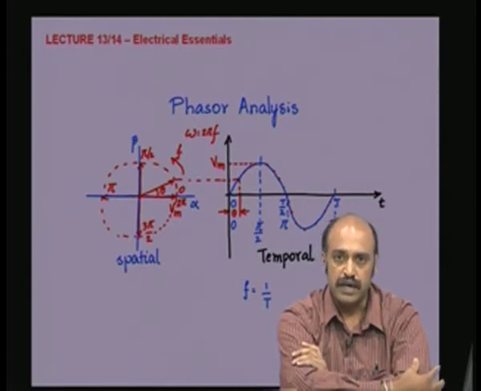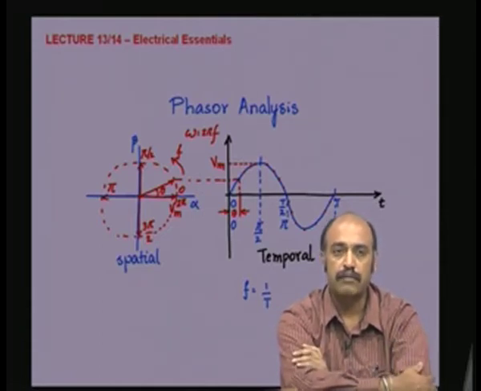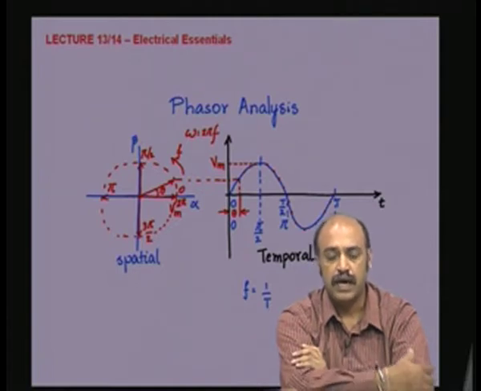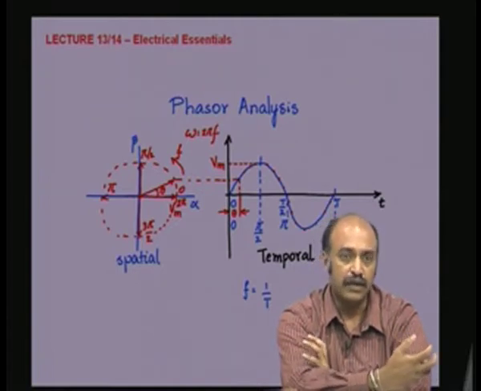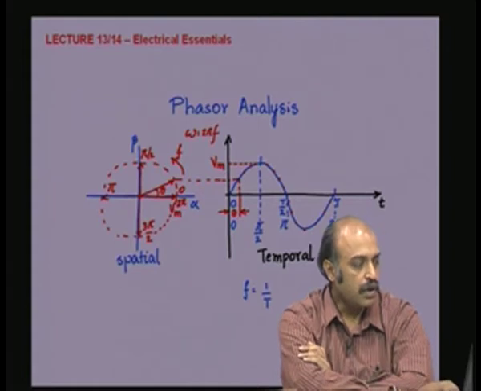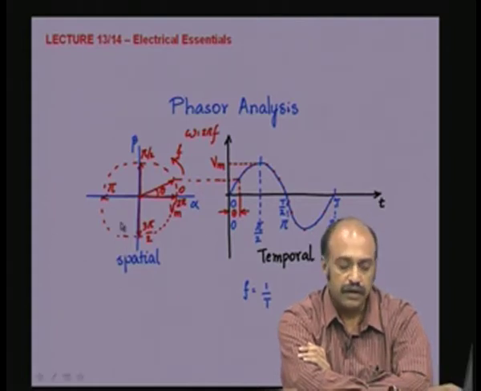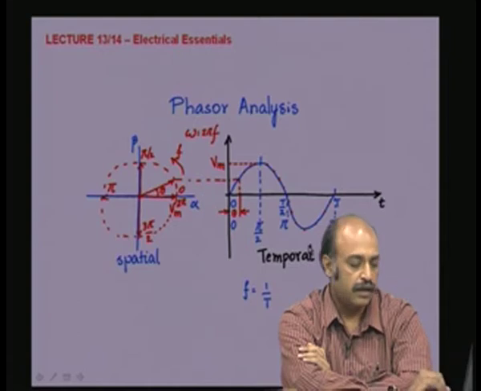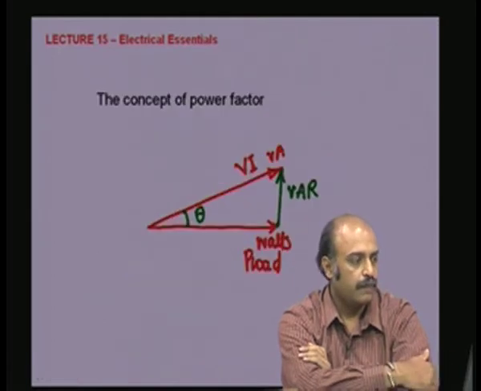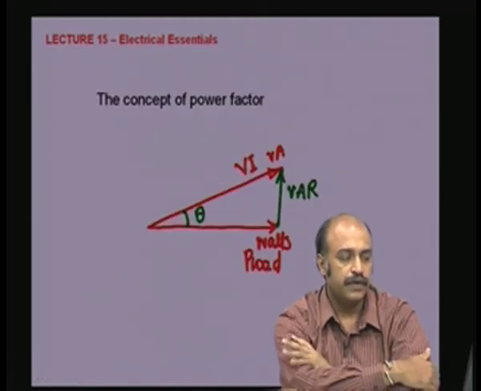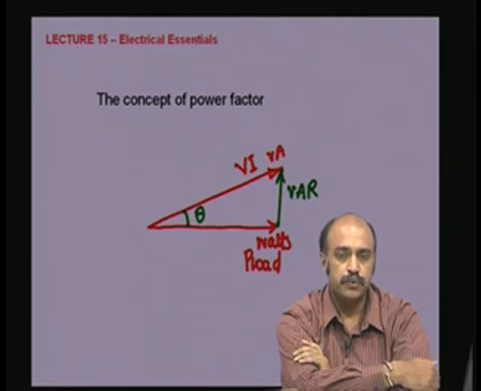So, we will spend some time to understand what this phasor analysis is, how we go about it, given a circuit diagram, how we draw the phasor diagram and try to get meaning out of it. So, you will have the spatial vectors, the temporal vectors, and how they relate to each other, things like that.